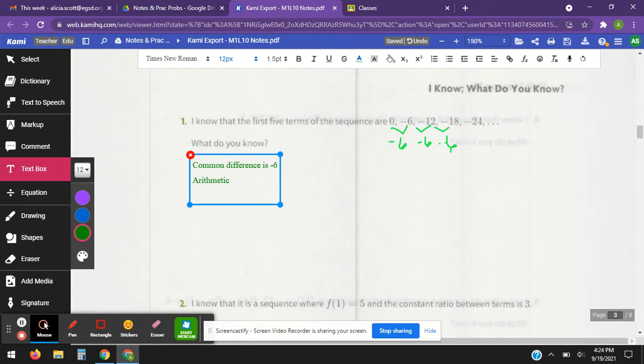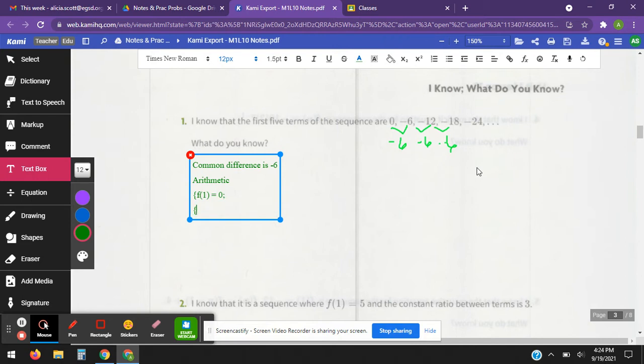And then I need to come up with an equation. Let's do recursive first. I'm going to just do my bracket. My first term is 0.